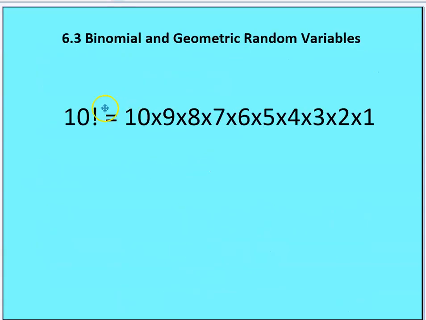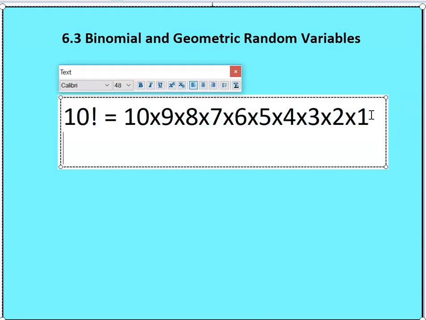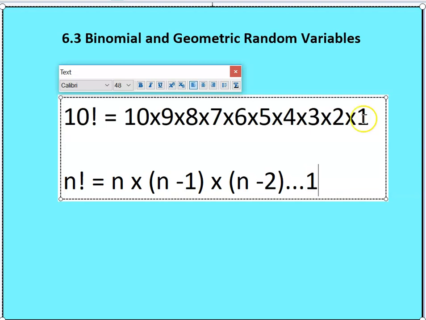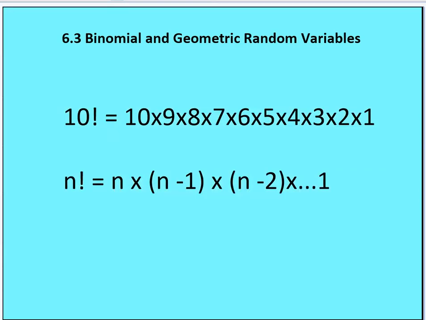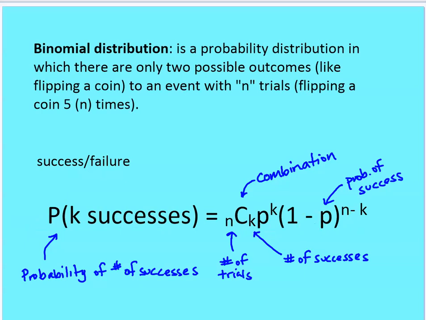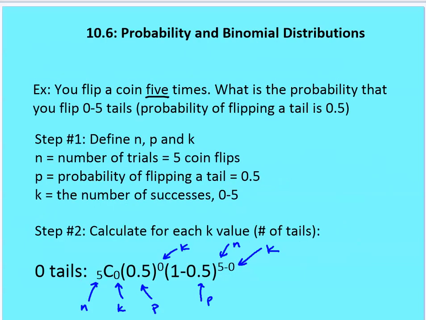All right, so 10 factorial, or any n factorial, is n times n minus 1 times n minus 2, etc., until we get to 1. All right, so you have to evaluate that. So again, I'm assuming that you know this already.